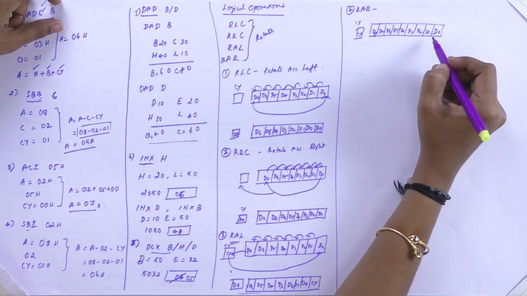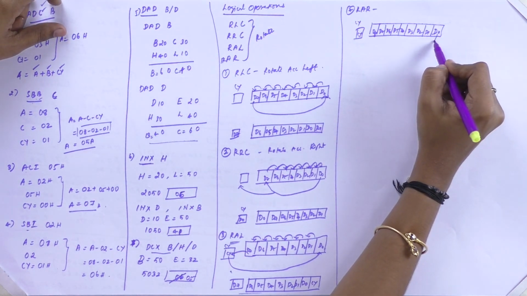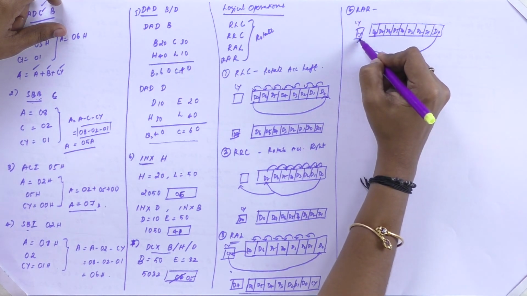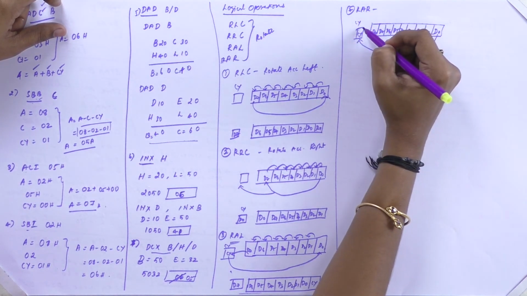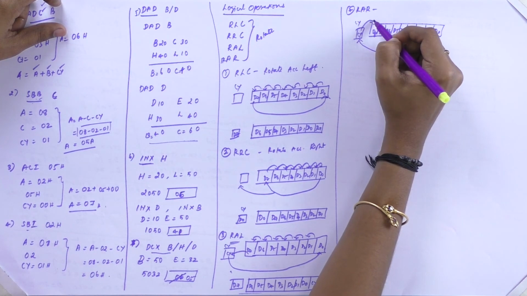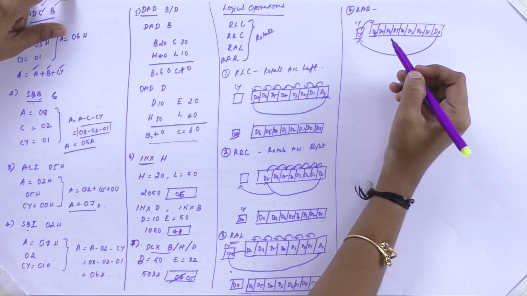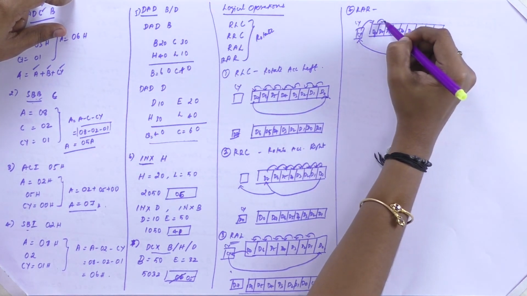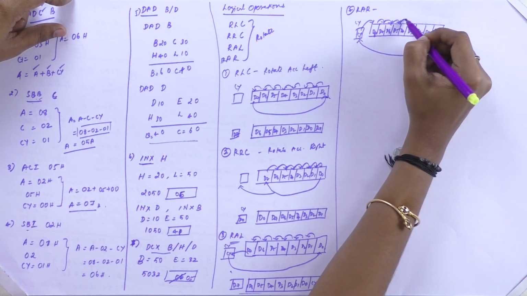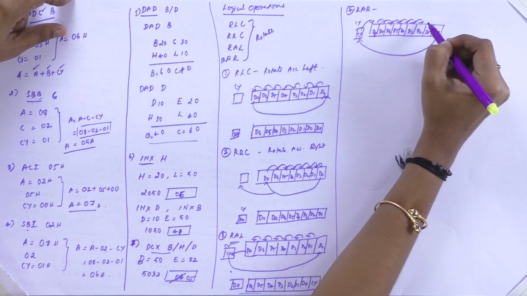Now the value D0 will be placed in the carry bit, and this carry value will be stored in the place of D7, and all other bits are shifted in this manner.